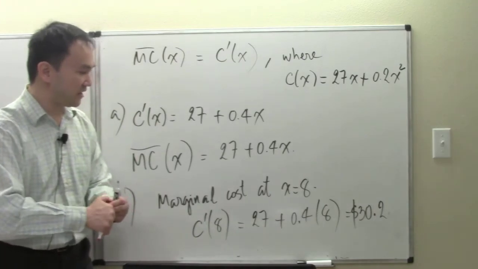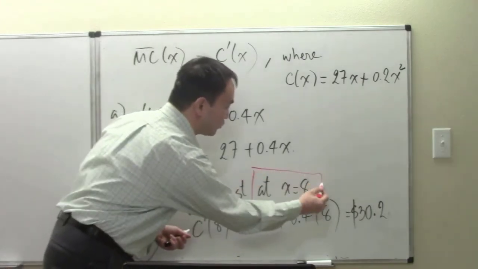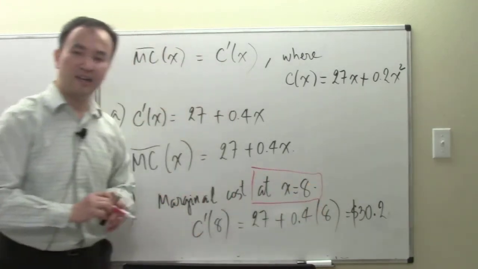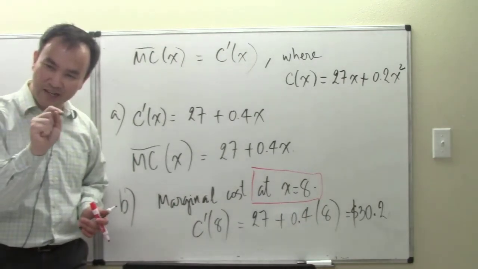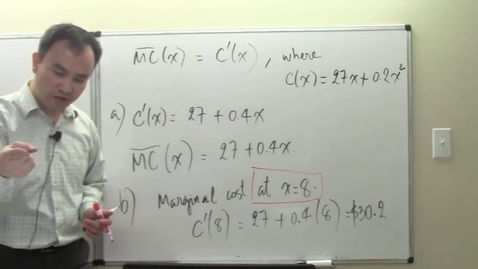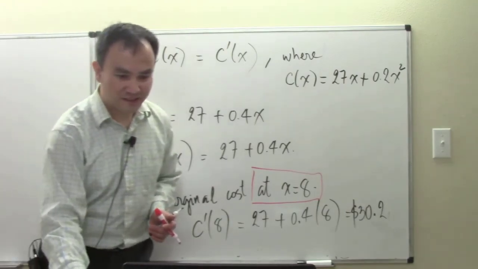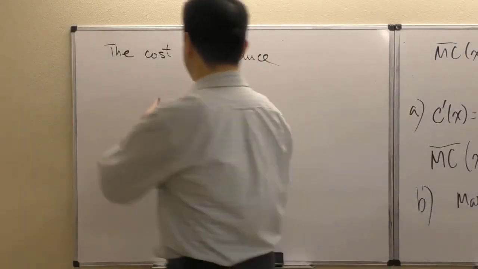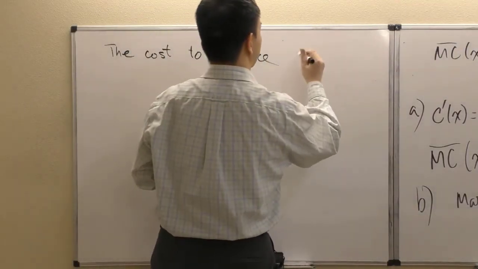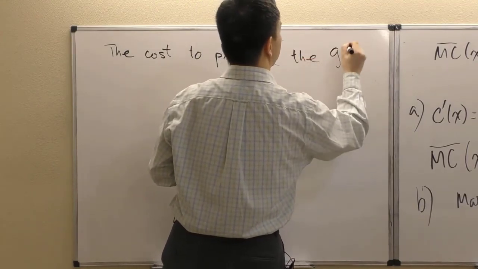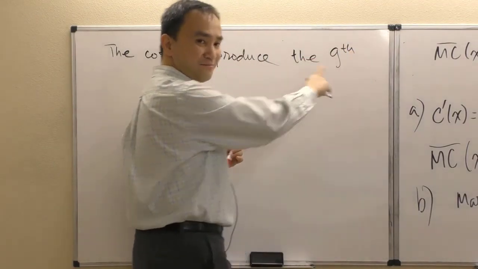I have to underline that. So that means we want to look at x equals 8 as an instant. So right at that instant when you're selling 8 units, then the cost to produce the 9th, one additional item, that's what it is.